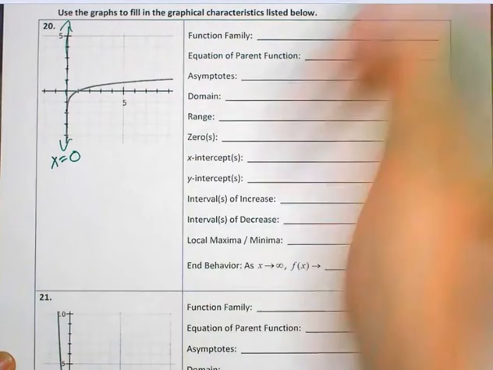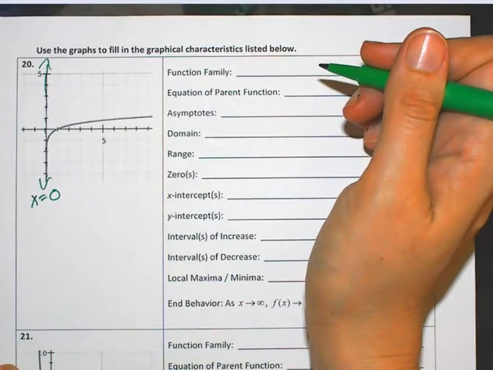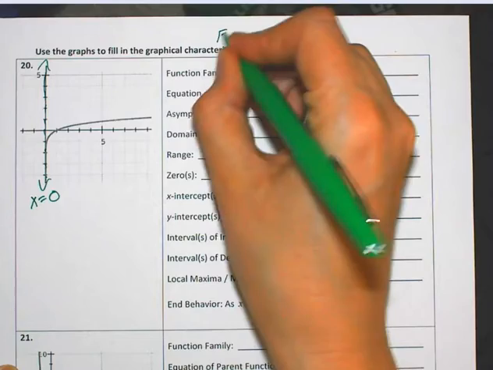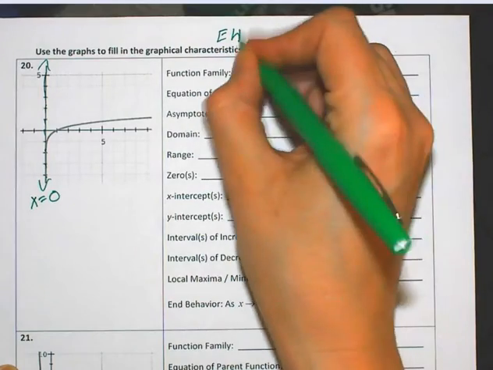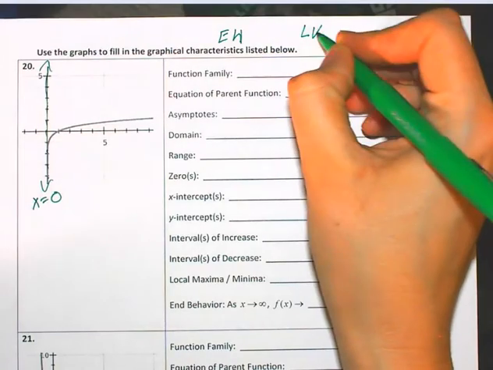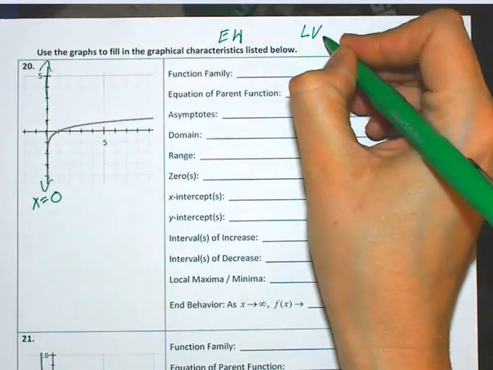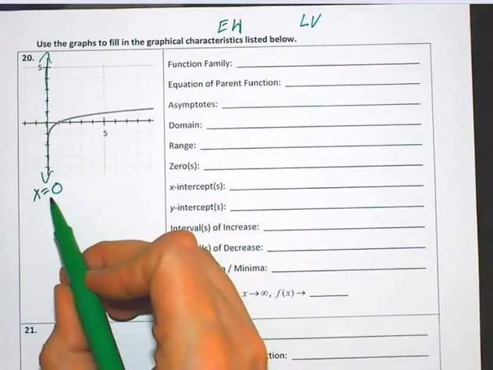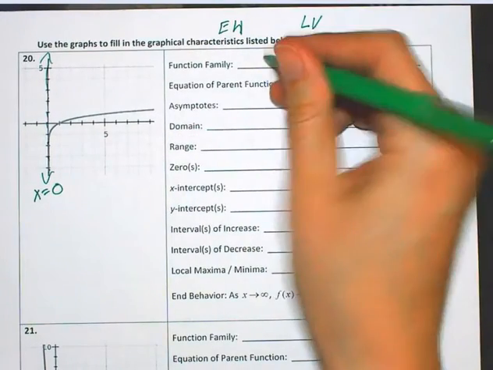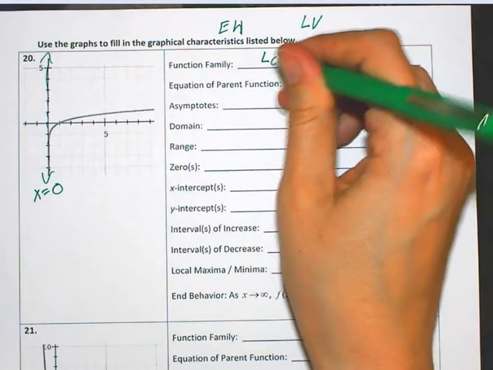All right, and if you remember our trick for vertical asymptotes and horizontal asymptotes and whether they go with exponential or logarithmic, we have EH, okay, so that's exponential with horizontal, and LV, which is logarithmic with vertical. So for this particular one, because we have a vertical asymptote, my function family is logarithmic.